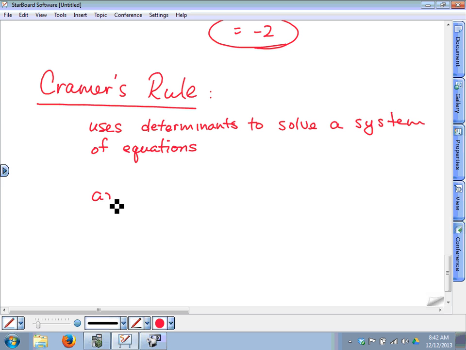So in general, if we have ax plus by equals r, and cx plus dy is equal to s, these are just arbitrary letters.